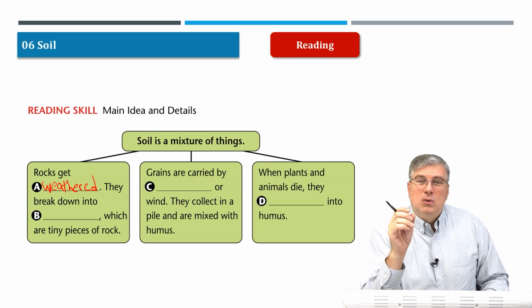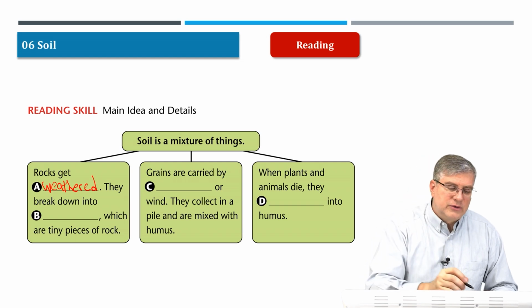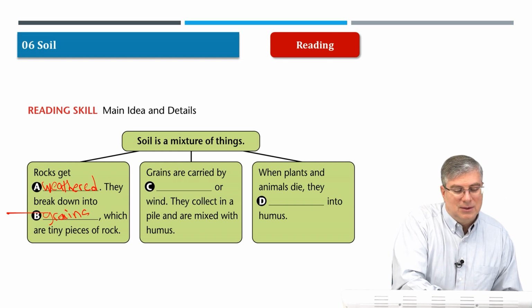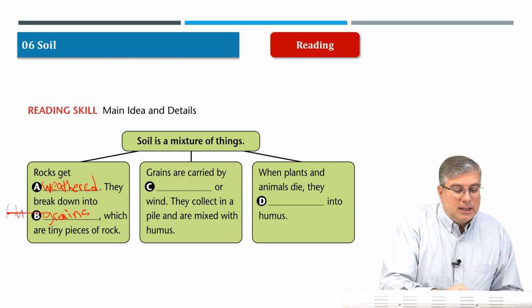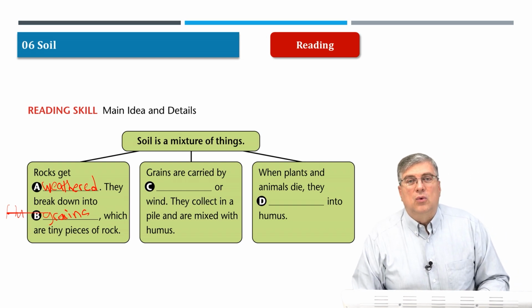They break down into what? Small pieces. What are tiny pieces? We call those grains, remember. Grains. They break down into grains, which are tiny pieces of rock.